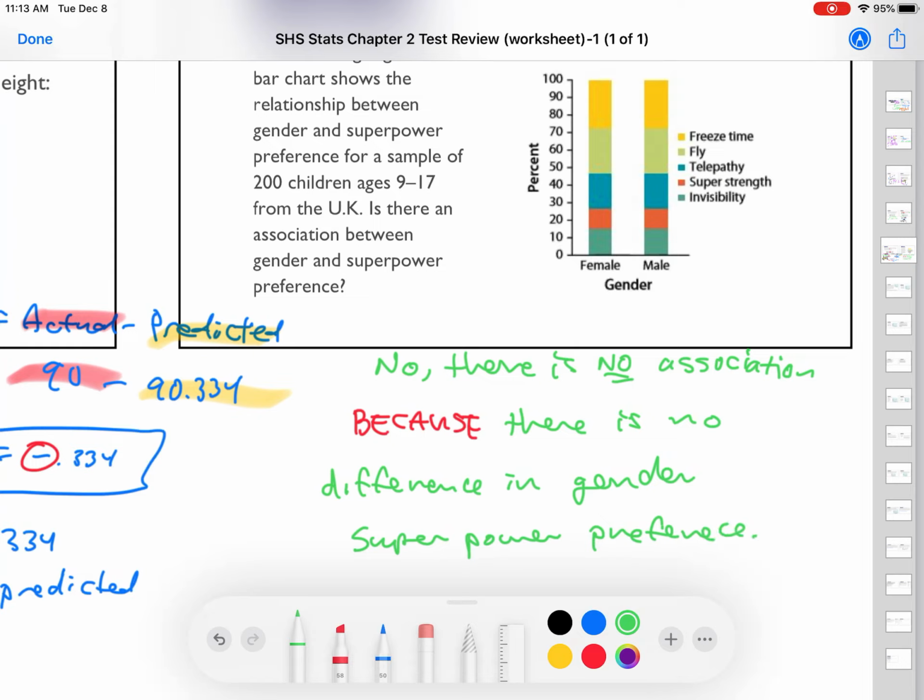What does that simply mean? One little segment is not bigger than the other one. Okay?